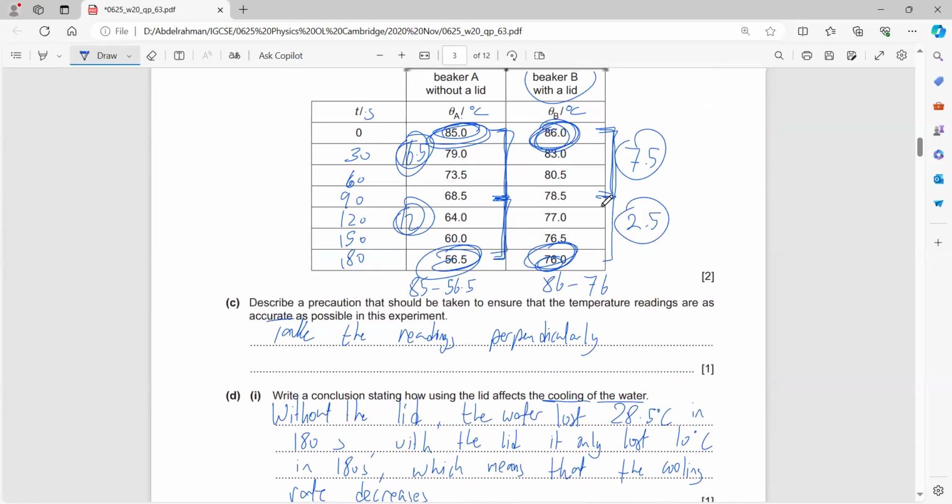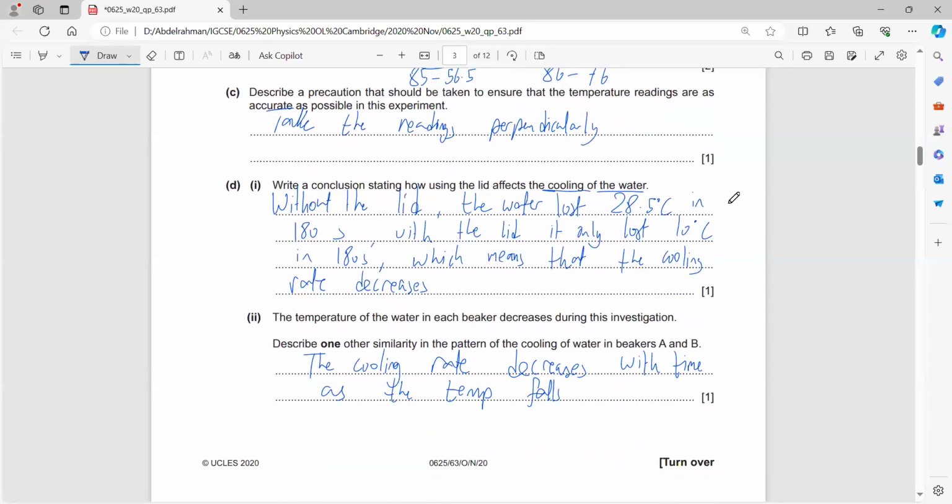When the time was equal to zero, find the temperature of beaker A. For beaker B it was 86. It's the same. It's theta, TH.